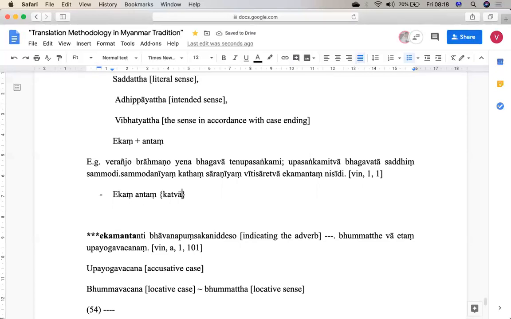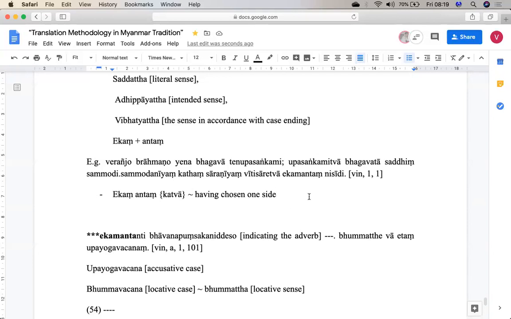So at the time, it is an accusative case but in the sense of locative. That means making one side, which is a very literal sense. Having chosen one side means one direction, southern or eastern or something. So having chosen one direction.